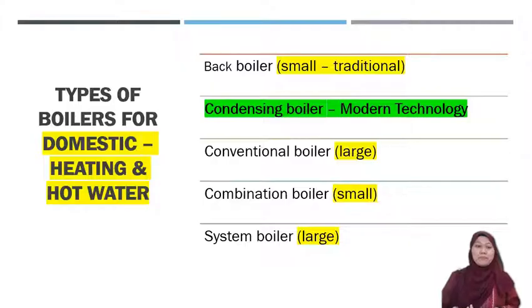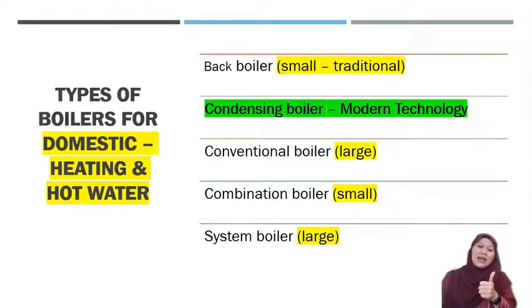So there are a few types of domestic boilers for heating up the place and also for hot water. First we look into the back boiler. This one is for small spaces, and it is the traditional, old-school type of boiler.